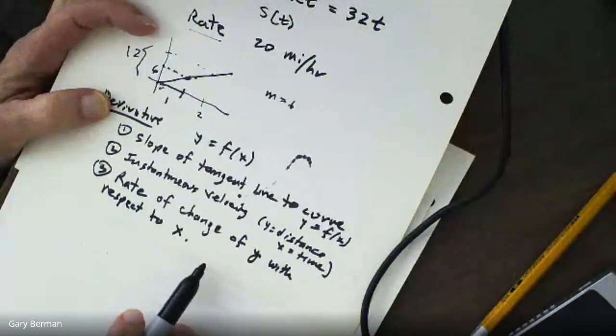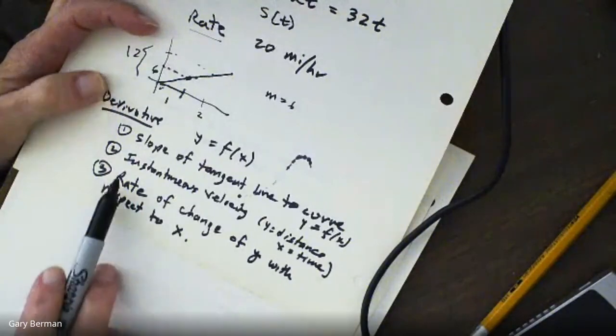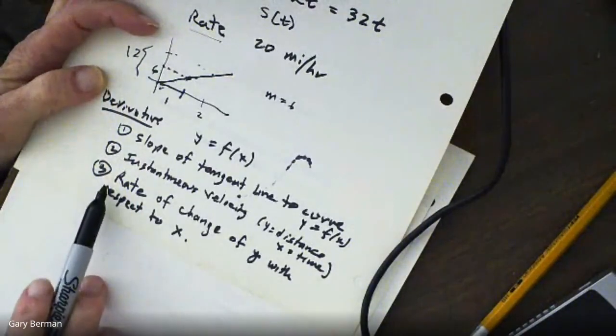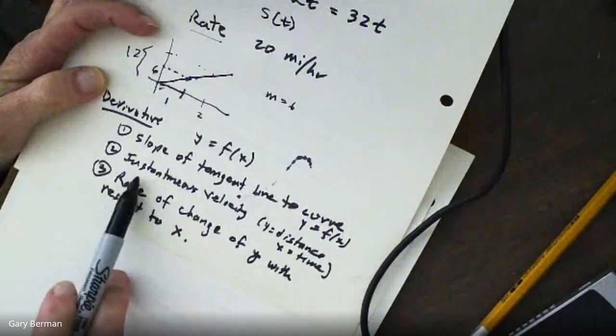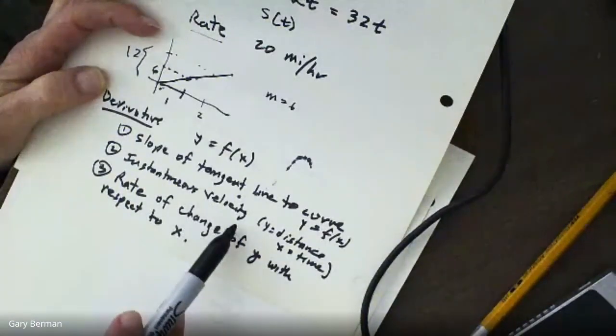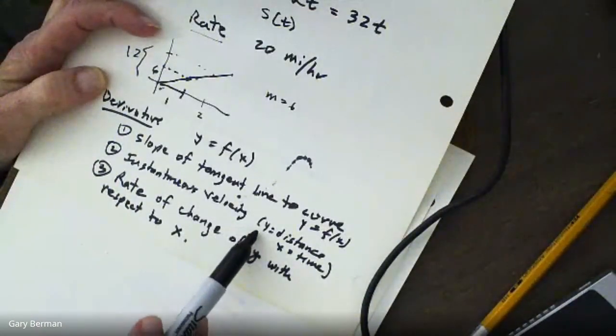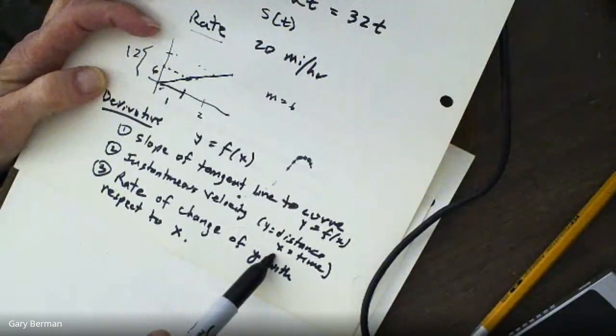It's not easy. This is hard. The good news is after we get through this little piece, it's temporarily going to get easier. We're just going to learn a bunch of easy formulas and how to use them. This is the hard part. So there are 3 physical meanings of derivative. It's the slope of the tangent line to the curve. It's the instantaneous velocity if your curve is a curve of distance versus time.